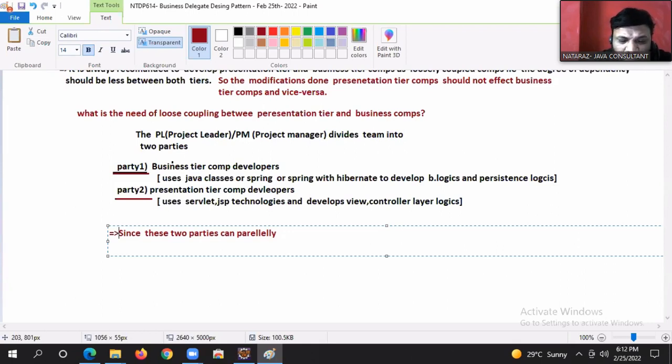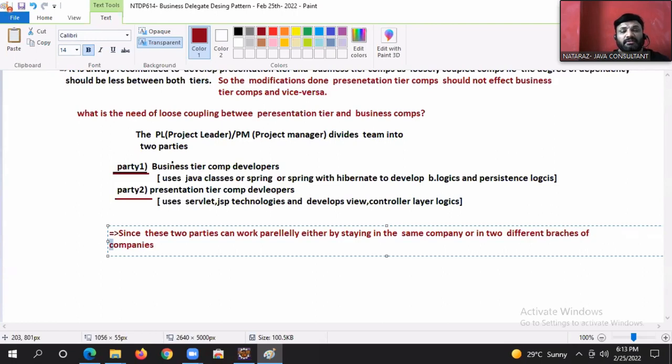Since these two parties can work in parallel, either by staying in the same company or in two different companies, either in the same company or in two different branches of the same company, we need loose coupling.